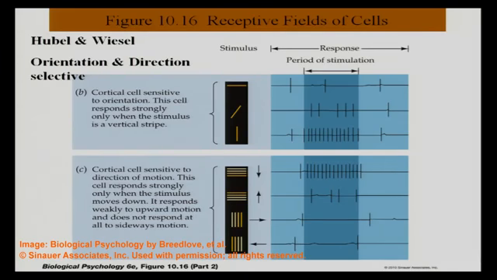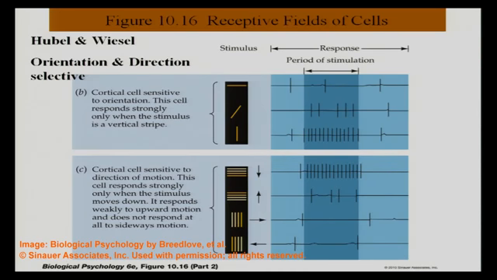In the early to middle 1960s, Hubel and Wiesel studied the receptive field properties of neurons in the visual cortex of cats and monkeys using tiny microelectrodes. The animals were anesthetized, but in such a way that their visual system was functioning normally and they could be shown visual images on a screen.